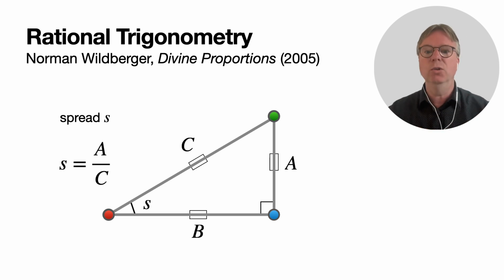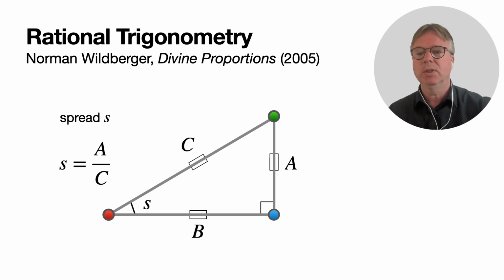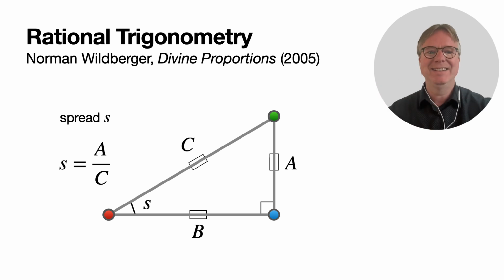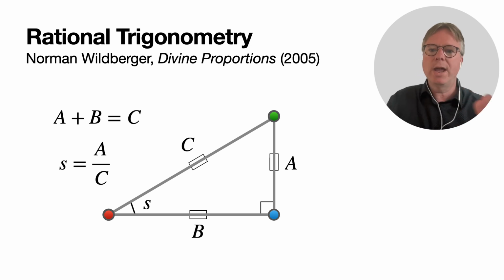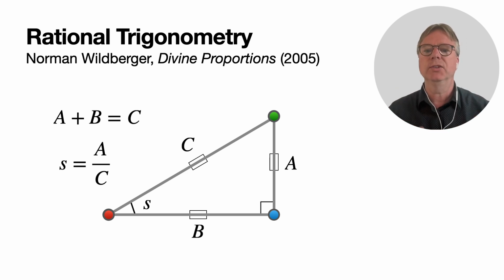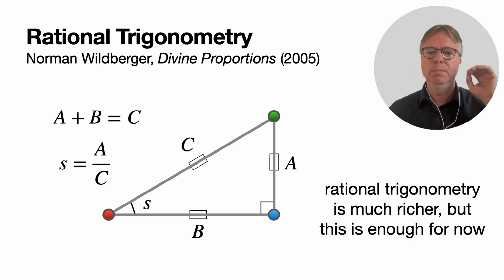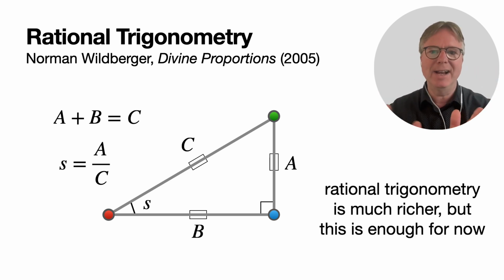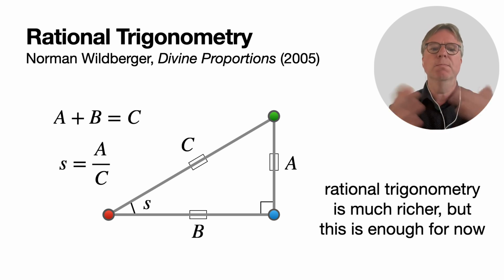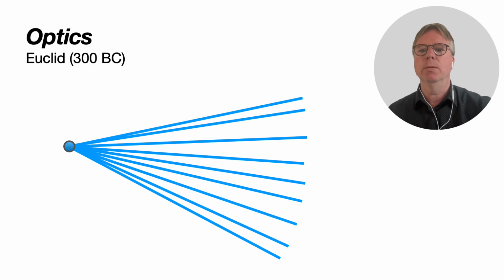Note again, there's no sine, no cosine, no tangent functions. Simple proportions, and this will simplify a lot. So what do we have now? We have those two simple formulas, and this is the only thing I need for the rest of the story. Rational trigonometry is much richer. It has 3 basic laws that are really interesting, and you need to learn them. But this is enough for now.